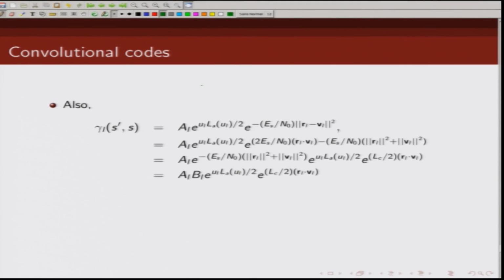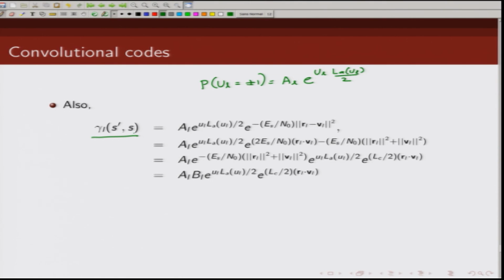So, we will use the expression that we derived in the previous slide for a priori value, which was UL being plus 1 or minus 1 as AL e raised to power UL LA UL by 2. We will use this expression to simplify the expression for branch matrix for our BCJR algorithm.